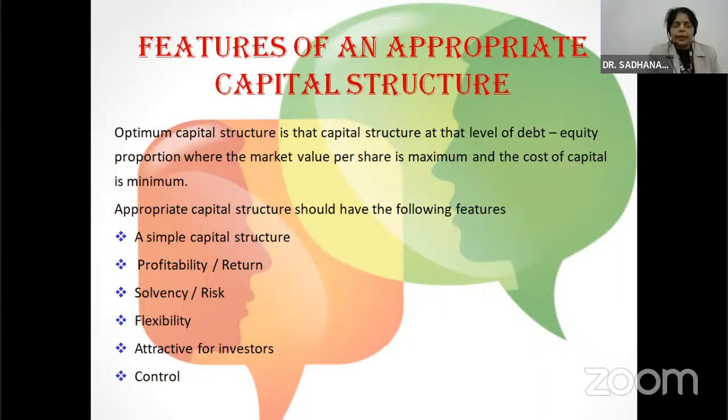The optimum capital structure is that capital structure at that level of debt-equity proportion where the market value per share is maximum and the cost of capital is minimum. It is shown through the prior examples also. Optimum capital structure is also known as the standard capital structure or ideal capital structure.